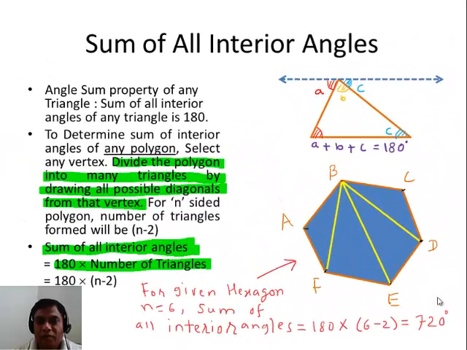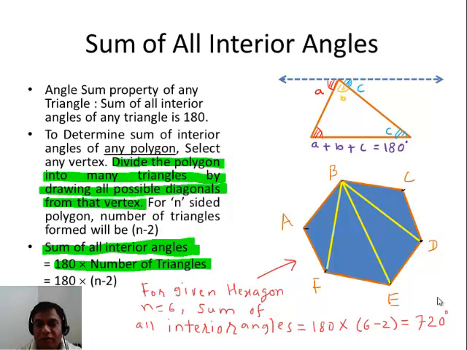The most important property of any polygon is the sum of interior angles. Basically, in a triangle, the sum of all angles is 180 degrees. But if there is any other polygon having n sides, then how do we find the angle sum property? For that, we select any vertex of that polygon and divide the polygon into a number of triangles by drawing all possible diagonals.